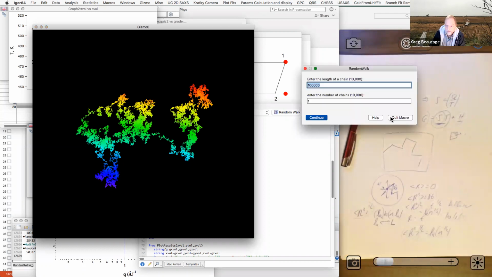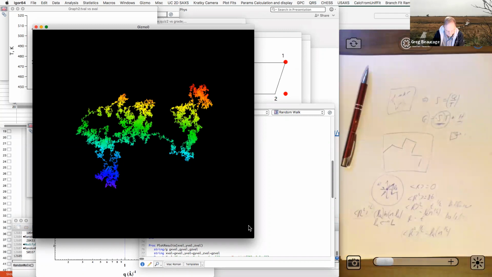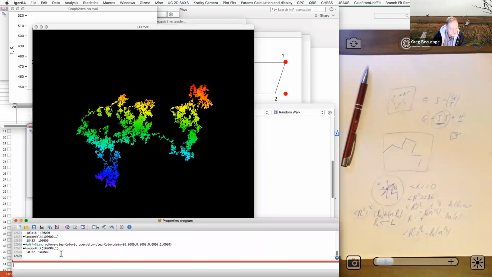So if you do it one time, the number of steps is over here, and the step length is 1. And this is giving R squared. This 50,337 is calculating R squared.